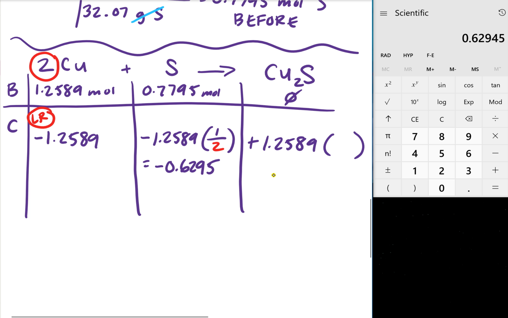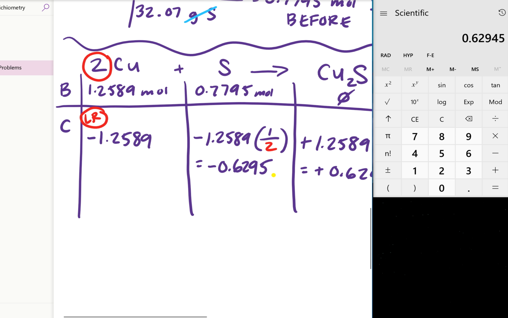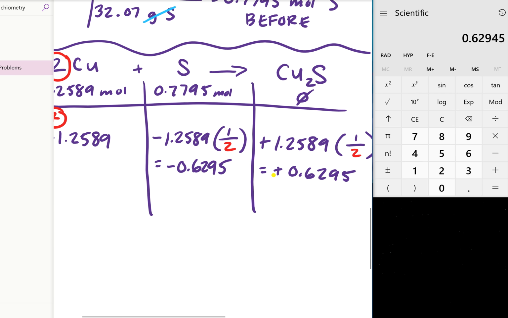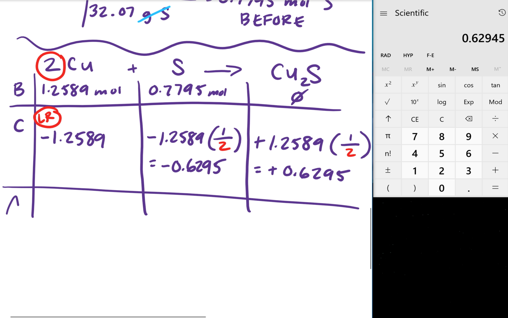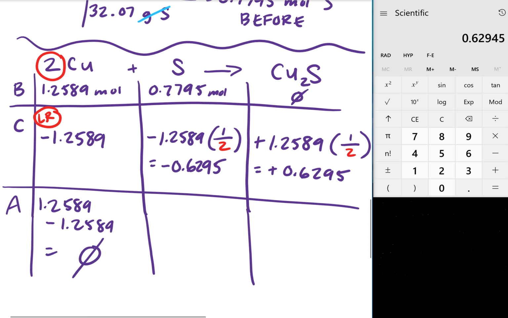Copper sulfide has a coefficient of 1. And again, the coefficient of the limiting is 2. And that's going to be the same answer of 0.6295. And so now for the after row, the after is going to be equal to the before together with the change. 1.2589 minus 1.2589 will be 0 for your limiting reactant.